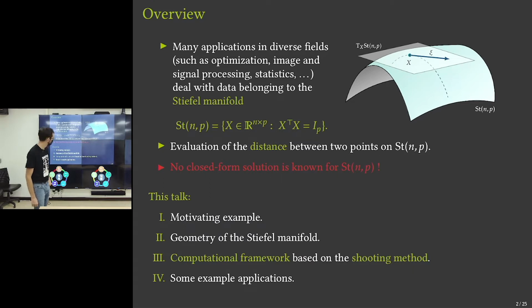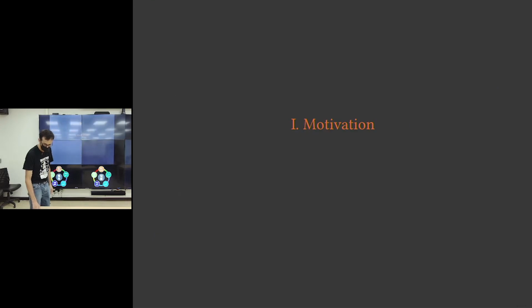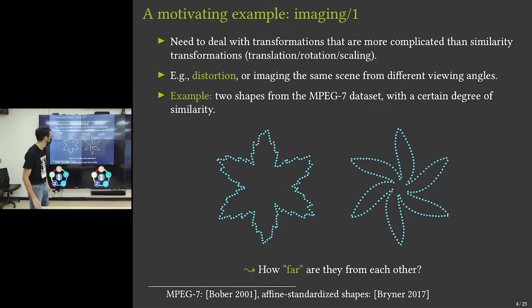I will discuss the computational framework based on the shooting method, which is a classical numerical algorithm for solving boundary value problems. And then we'll see some example applications like what I mentioned at the beginning. This will recall also the first motivating example, so it's at the same time a motivating example and a running example. So let's start with this example.